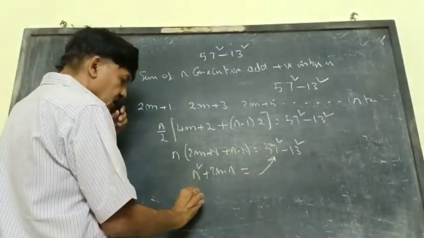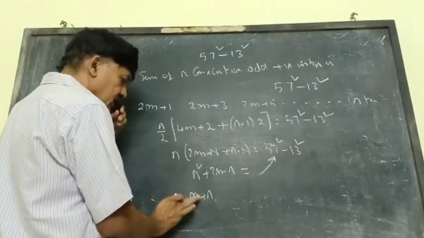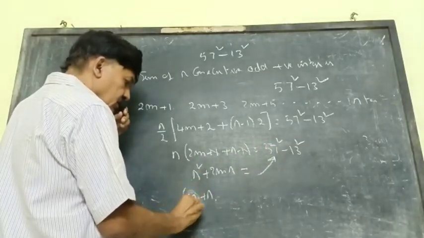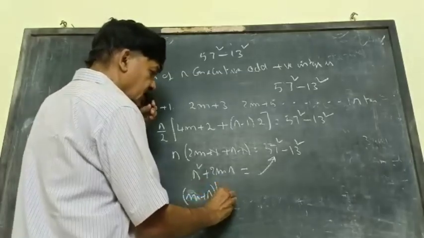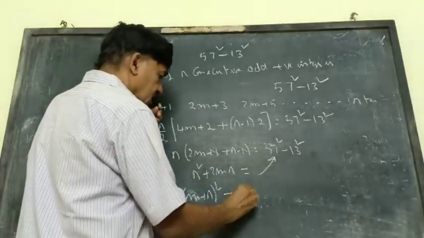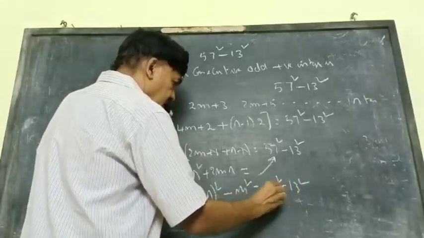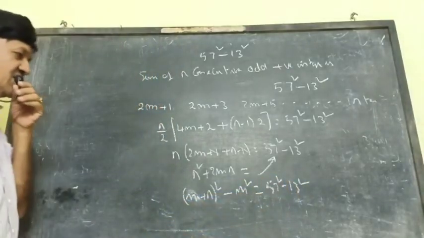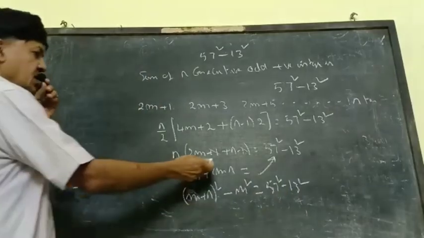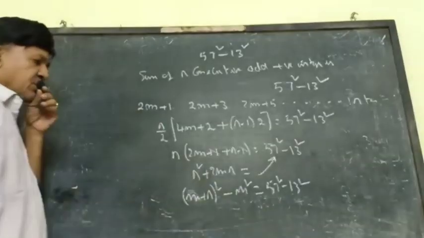You can write it like this: m plus n whole square minus m square is equal to 57 square minus 13 square. I am making this a perfect square by adding and subtracting m square.